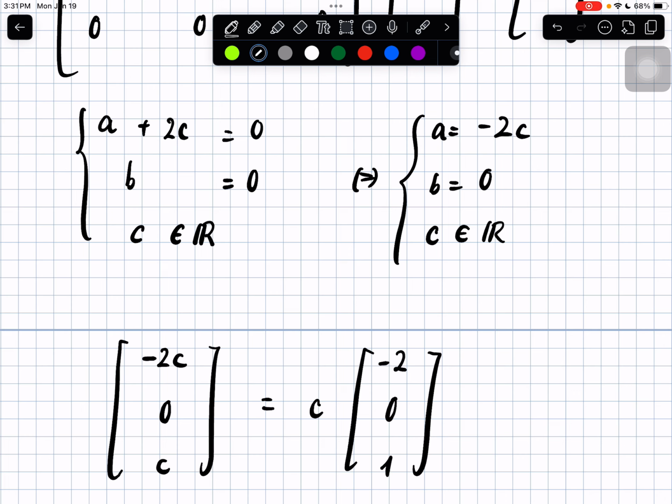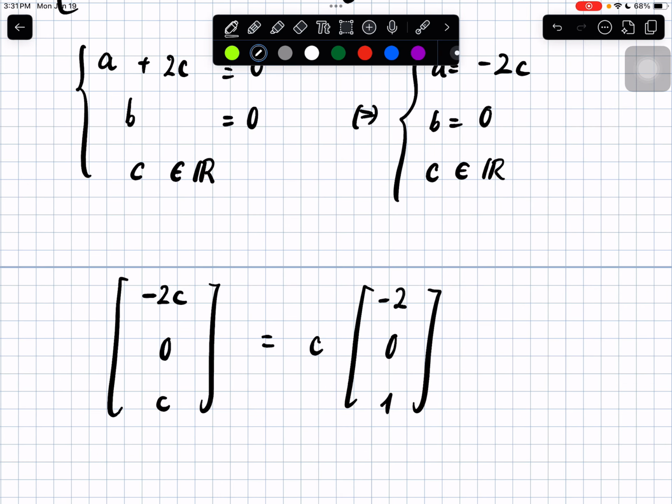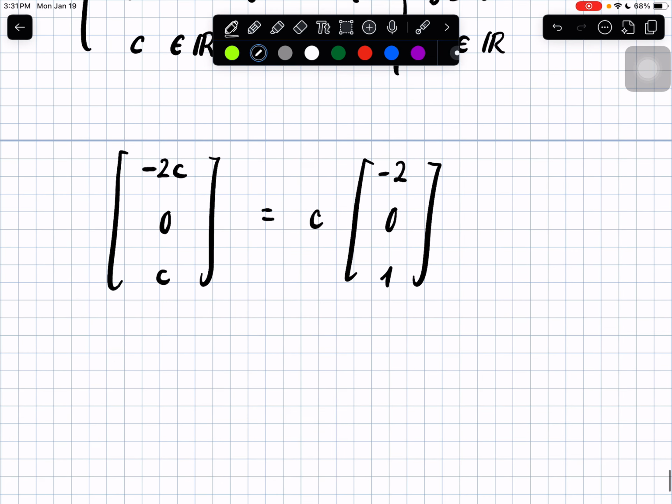We can choose any c that is non-zero, so we have a non-zero vector. That one will be an eigenvector.